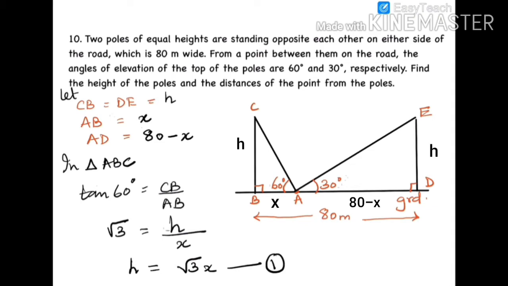Now we will consider the second triangle ADE. Since we have to find ED and AD, we are going to form a ratio using these sides. So ED is opposite to 30 and AD is adjacent to 30. So opposite upon adjacent will be tan of 30.